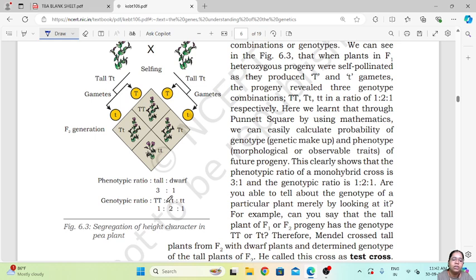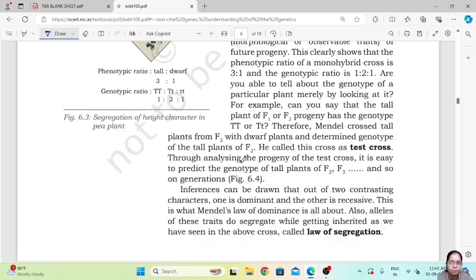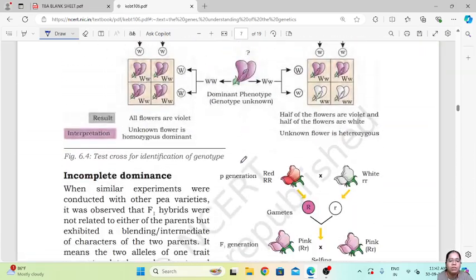So the genotypic ratio will be 1:2:1 and the phenotypic ratio will be 3:1. This is how we represent and find the genotypic and phenotypic ratio of any progeny. So this was about the law of segregation.